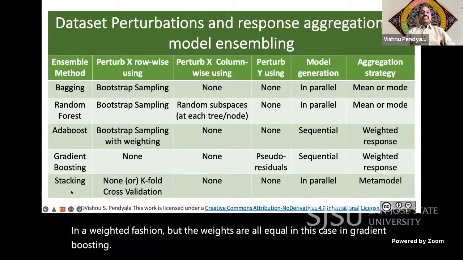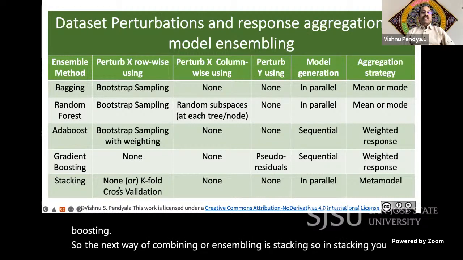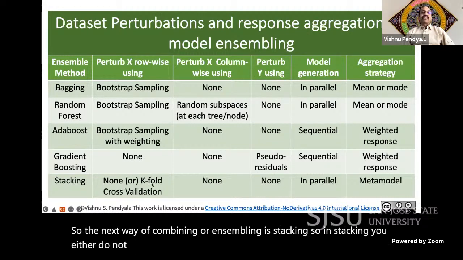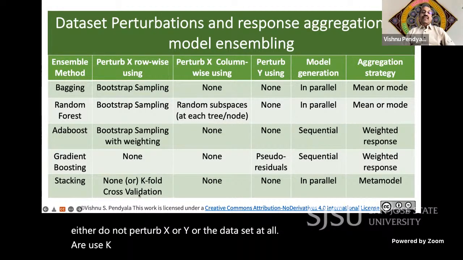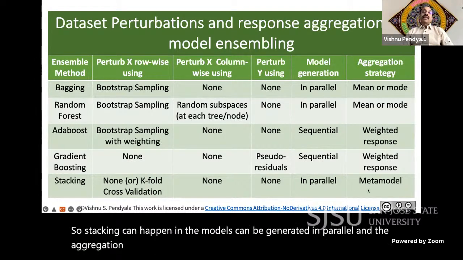The next way of combining or ensembling is stacking. In stacking, you either do not perturb X or Y or the data set at all, or you use k-fold sampling, right? The models can be generated in parallel, and the aggregation strategy is a meta model.